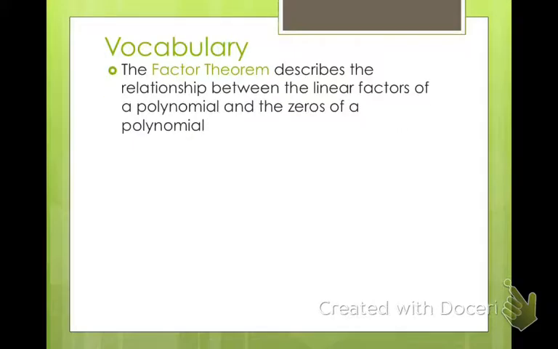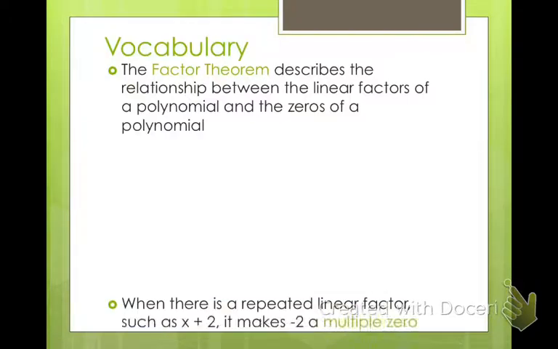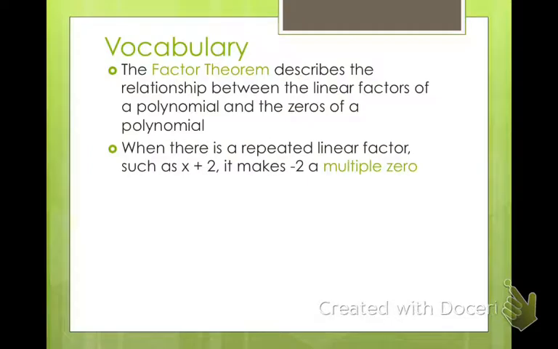Same information. So for our vocabulary, the factor theorem describes the relationship between the linear factors of a polynomial and the zeros of the polynomial. It just shows that they're a one-to-one correlation. When there is a repeated linear factor, such as x plus 2, if you have two of them, it makes negative 2 a multiple zero.